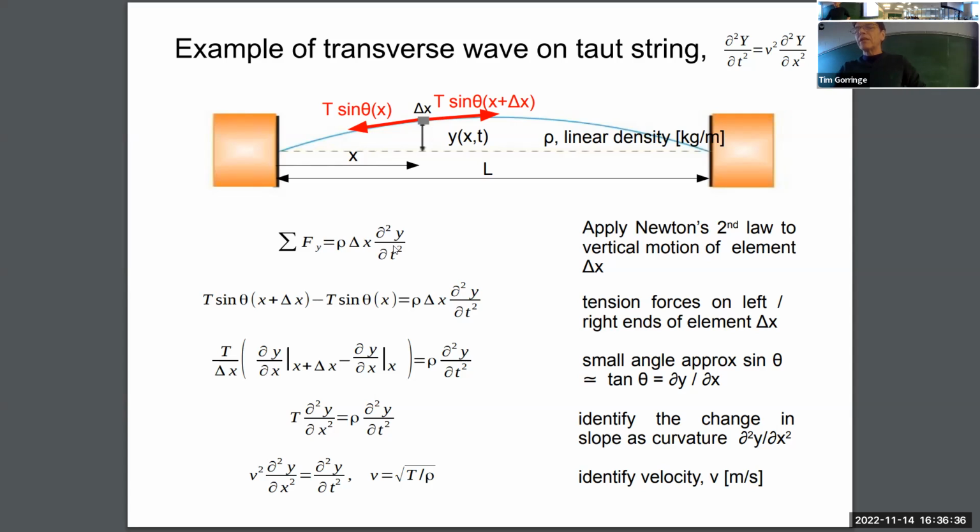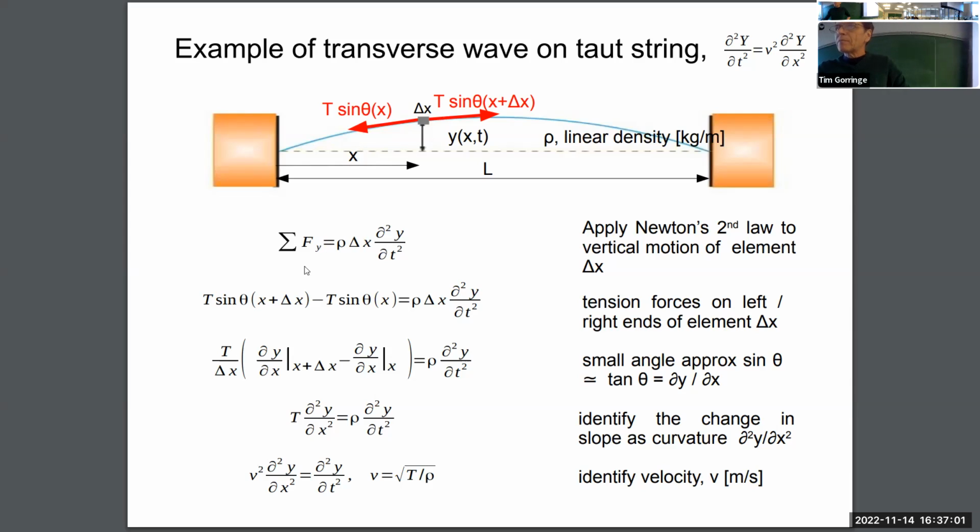Now, specifically, I'm going to be thinking about the motion of that element perpendicular to the equilibrium position of the string. So in this sketch, there's sort of vertical motion of that little mass element of the string. And that direction I've called the y direction, and we're going to get a wave equation that is a function of one.